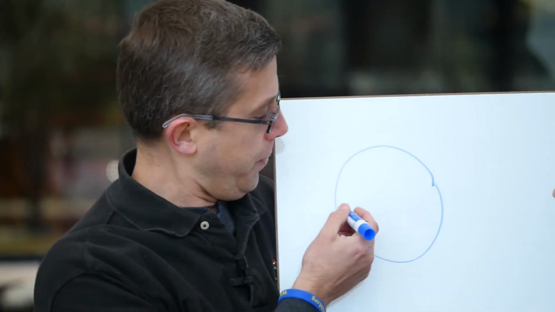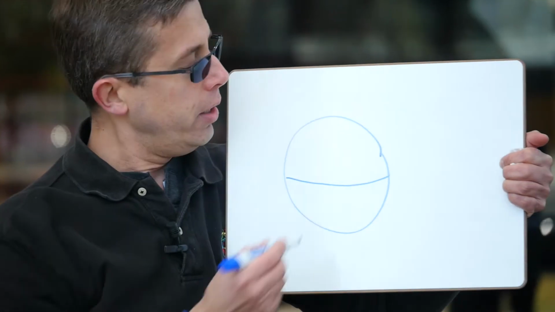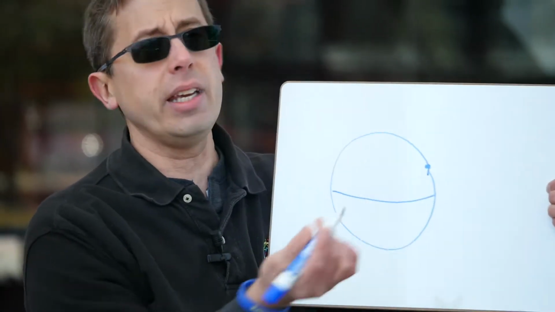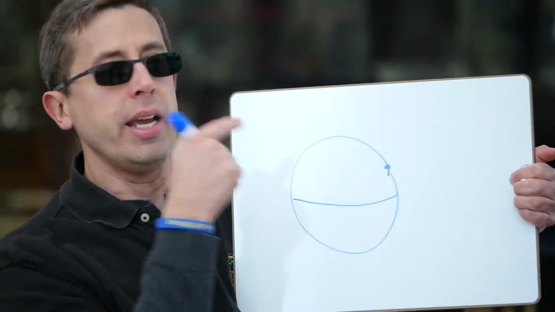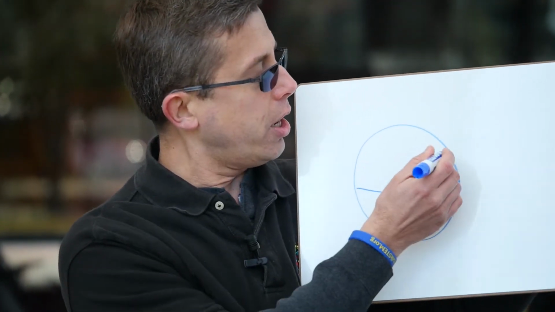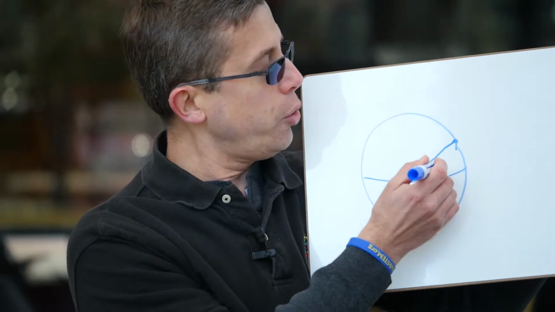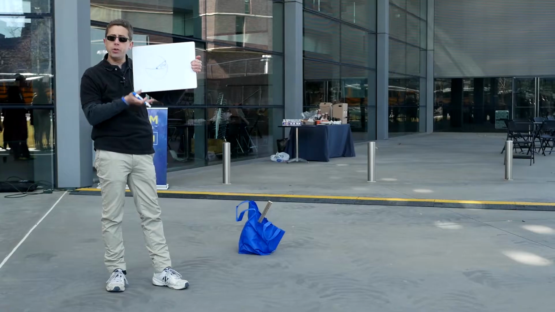So here's the Earth, here is the equator, and Dallas, sadly or happily, depending on your weather preferences, is not on the equator. Instead, if we took an imaginary point at the center of the Earth, it is 32.8 degrees north latitude.